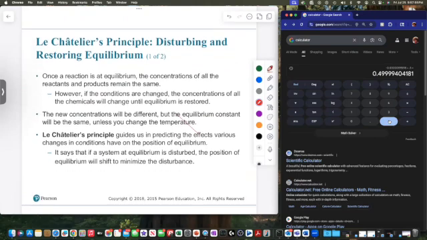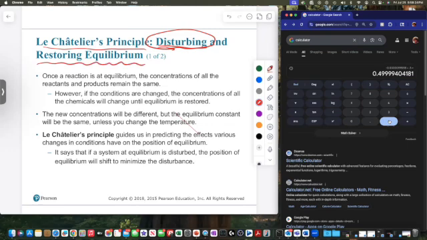Le Chatelier's principle reminds us that the goal of the reaction is to get to equilibrium and stay at equilibrium, right? So Le Chatelier's principle tells us how we can disturb the reaction that's already at equilibrium and how the reaction will respond. So for every move we have, which is a disturbance, there is a counter move from the reaction that will be trying to restore equilibrium. Okay.